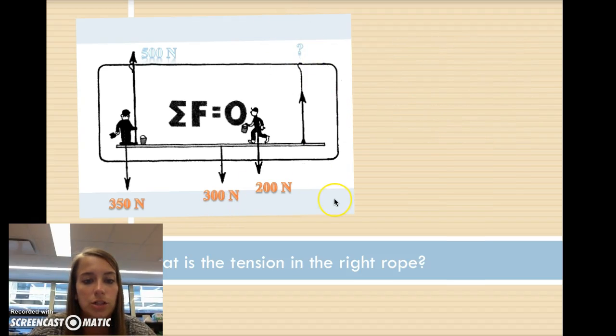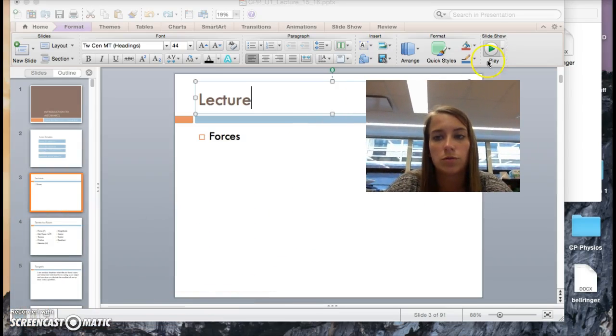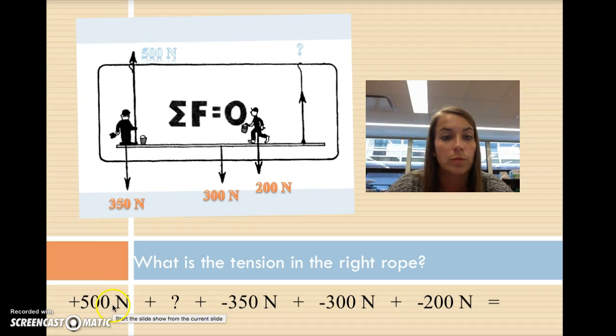What is the tension in the right rope? The way we're going to make this work, we know the force is equal to 0 because it's not moving. So we're going to have a positive 500. Why is 500 positive? Because it's up.